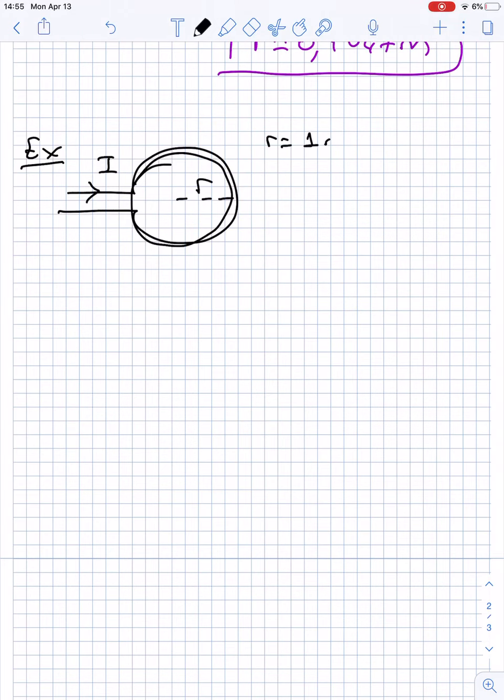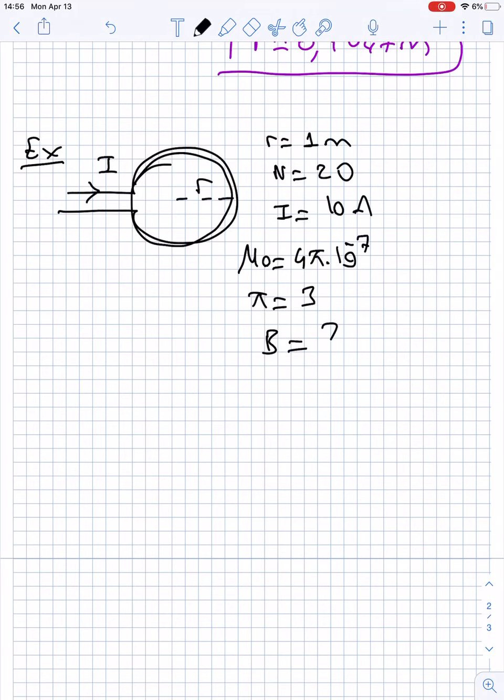R is equal to 1 meter, N is equal to 20 turns, current is equal to 10 ampere, and mu 0 is equal to 4 pi times 10 to the minus 7, and pi is equal to 3. It is asking for the magnetic field in Tesla.